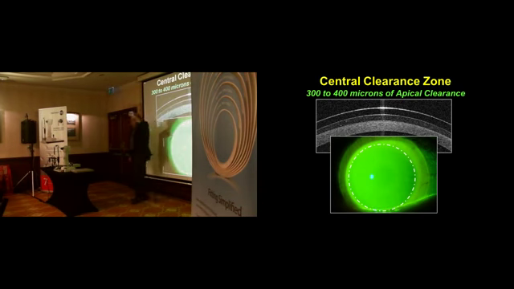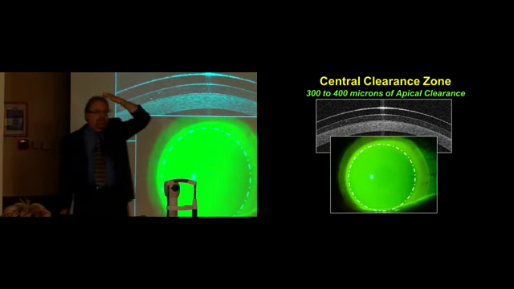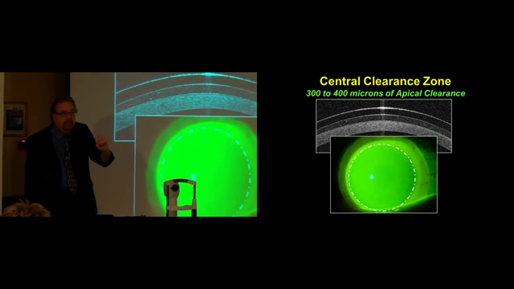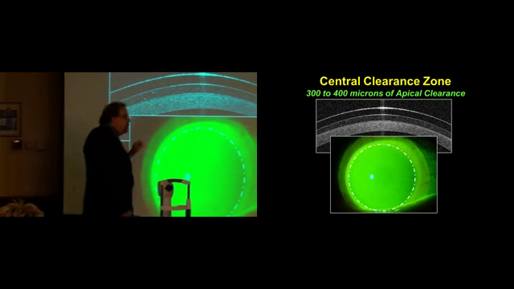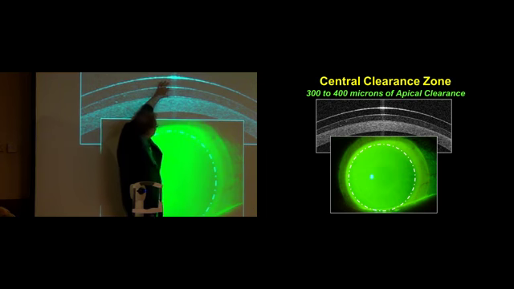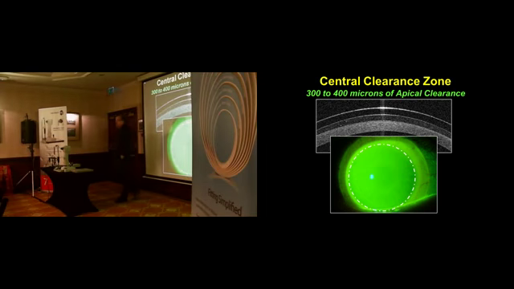The contact lens itself has a thickness of 350 microns. So it's a wonderful ruler on the eye to measure the volume of tear beneath that contact lens.